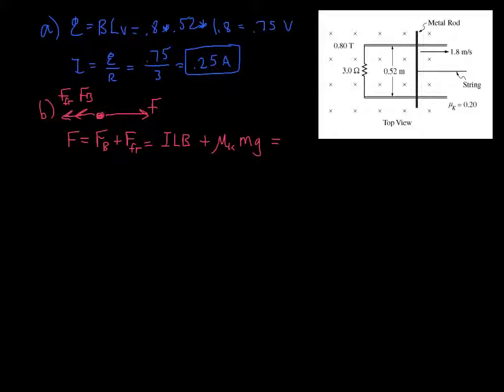So that's equal to the current, 0.25, times the L, 0.52, times the magnetic field of 0.8, plus the coefficient of kinetic friction, 0.2, times the mass of the metal rod, which was given as 0.22, times g, 9.8, and all that is equal to 0.535 newtons.